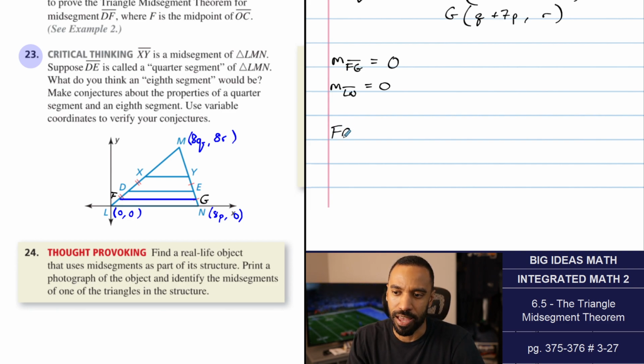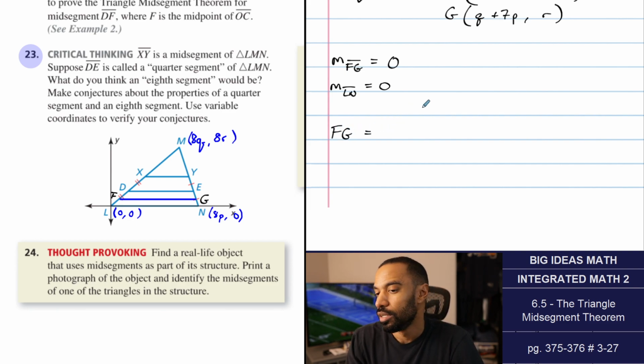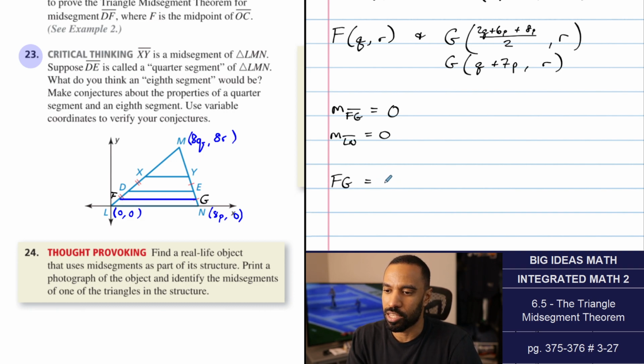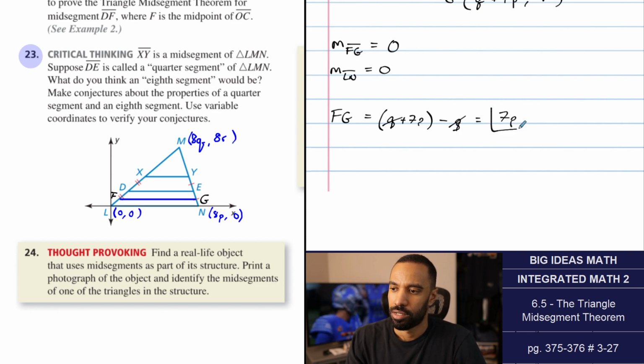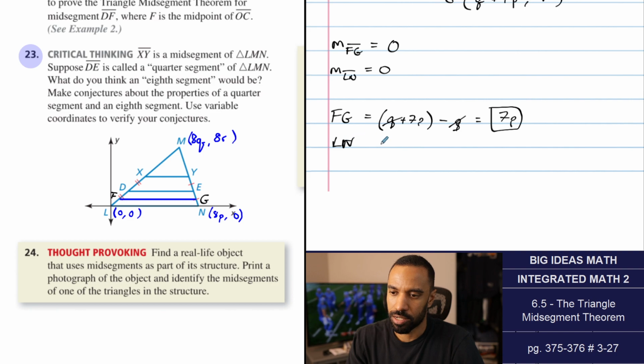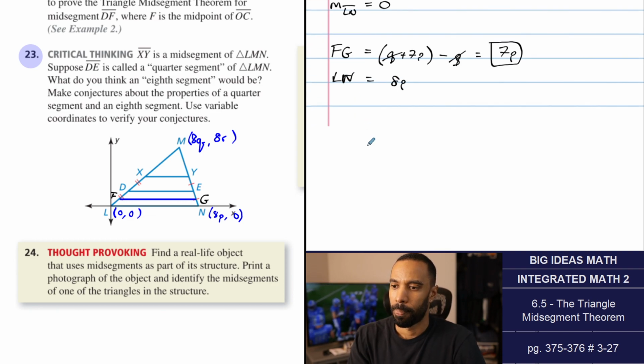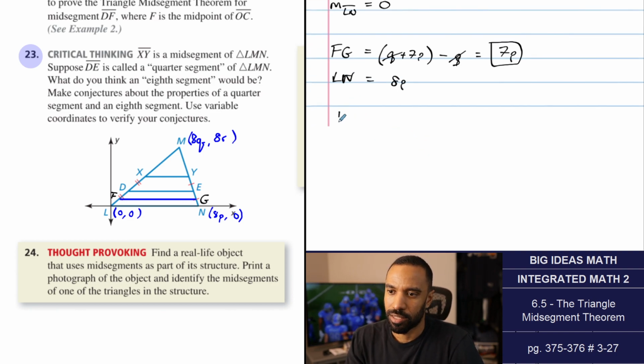We already know the length of LN as 8P. So the length of FG, we get to take Q plus 7P and subtract Q from it. The Q's cancel, and you're left with 7P. And the length of LN, we already said was 8P. Now, is FG 7/8 the length of LN?